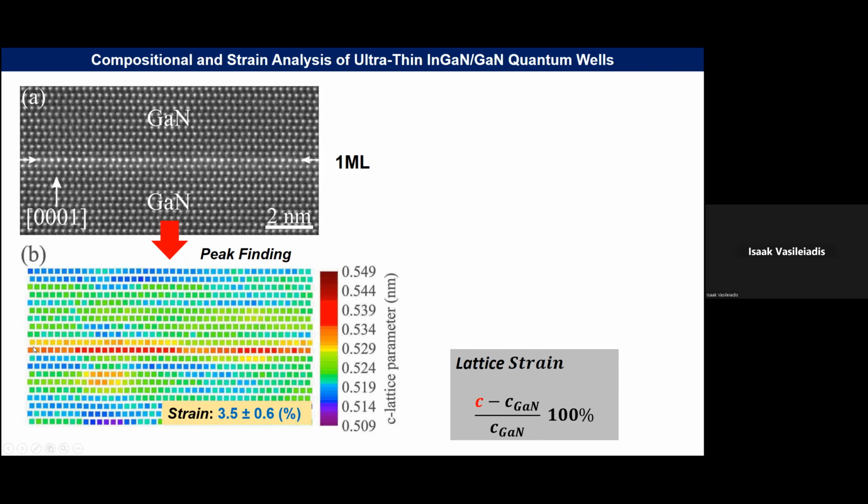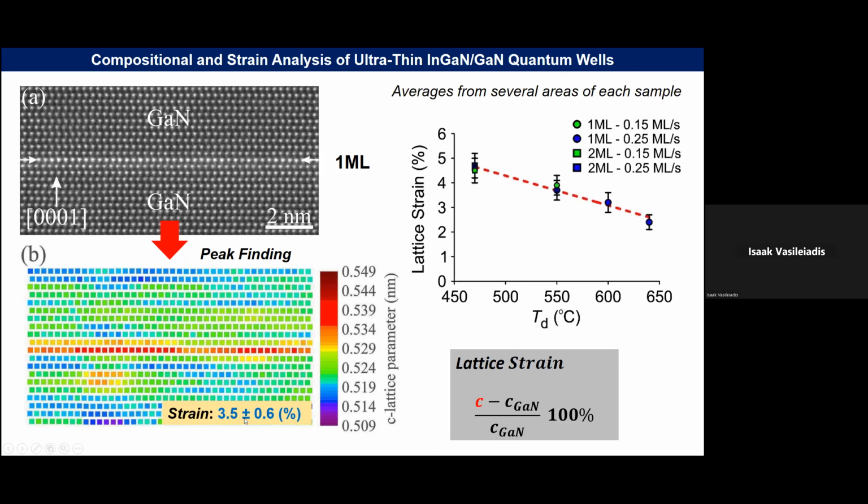As you can see, the strain is confined in one monolayer. I have to mention here that each rectangular box has at its center a peak position from the image, and in this way we can determine the average strain in this monolayer. We have here 3.5%.